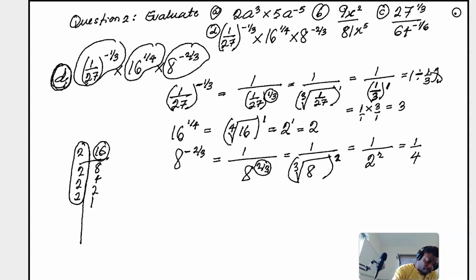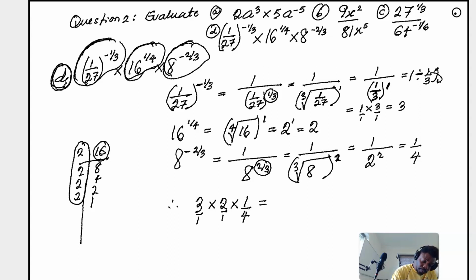But remember, you are multiplying this with this, with this. The answer we got for this one is 3 and is multiplying. The answer we got for this one is 2 and is multiplying. The answer we got for this one is 1 over 4. Remember, all these are over 1, okay?